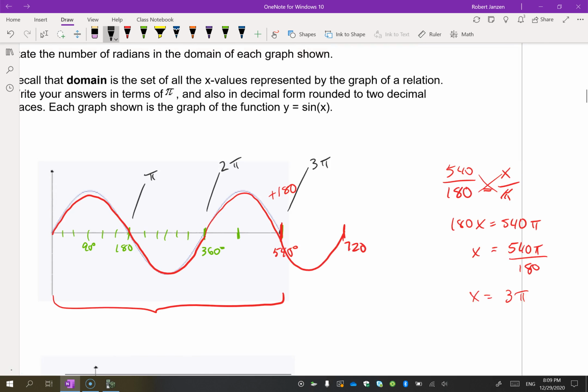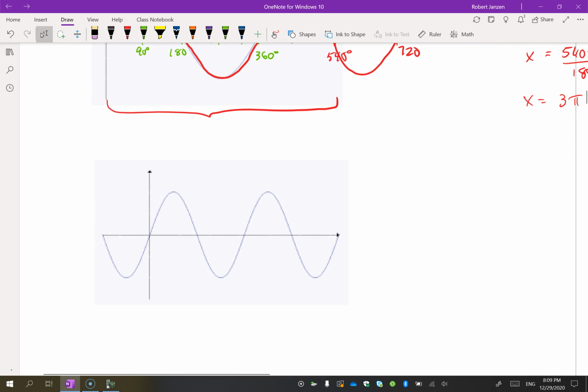Okay, let's check the next one out. Again, this is supposed to be a sine graph. Now, it has moved over. It does look a little bit strange because we've never seen anything over here. But that's okay because the sine graph actually continues on in both directions forever. Okay, we know that from here to here is 360 degrees. This will be another 180 degrees, so 540 here, and then we'll end up here at 720 degrees.